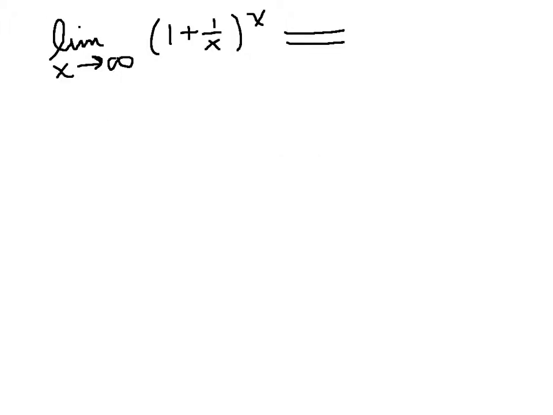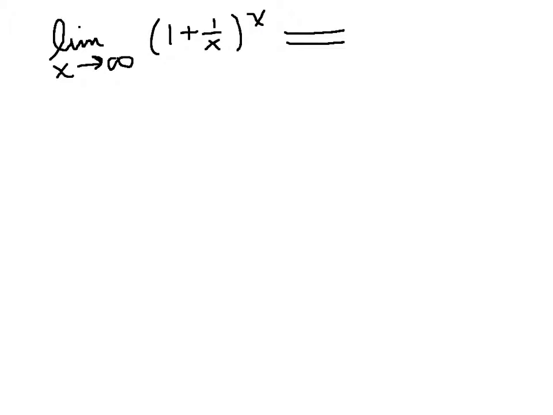Okay, so before we even start working on this limit, let's just think about what's happening here. We have a number which is a little bit more than 1 being raised to a huge power. Well, if you take something bigger than 1 and raise it to a big power, you would think that it goes to infinity. But as x goes to infinity, this is basically going to 0. And so you have a number which is just 1 being raised to a huge power.